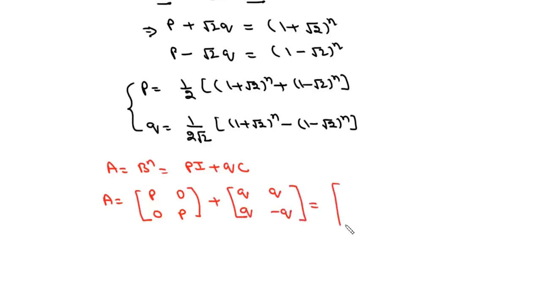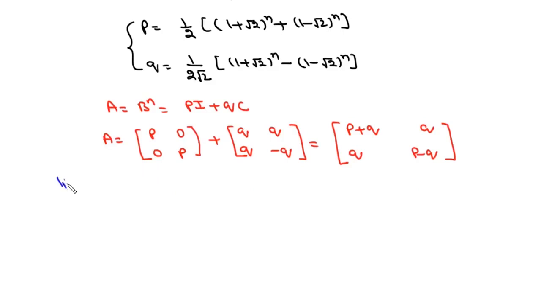So this A will be [P plus Q, Q; Q, P minus Q]. Now it says we need to find this limit, n tends to infinity, a12. Now a12 is first row second column, which is this Q, upon a22, and a22 is P minus Q, and it's given that this is equal to L. Now this is the limit, n tends to infinity.